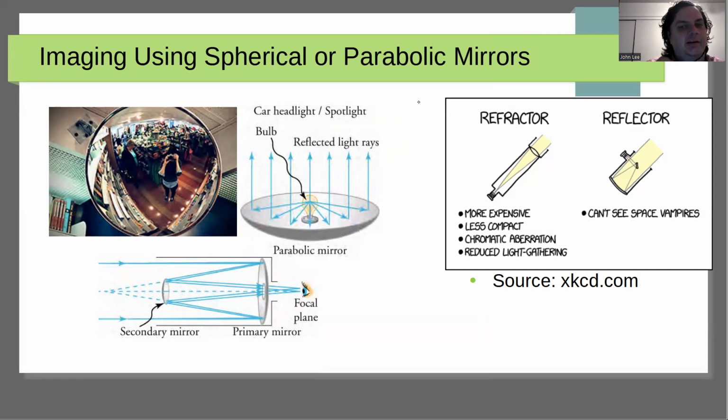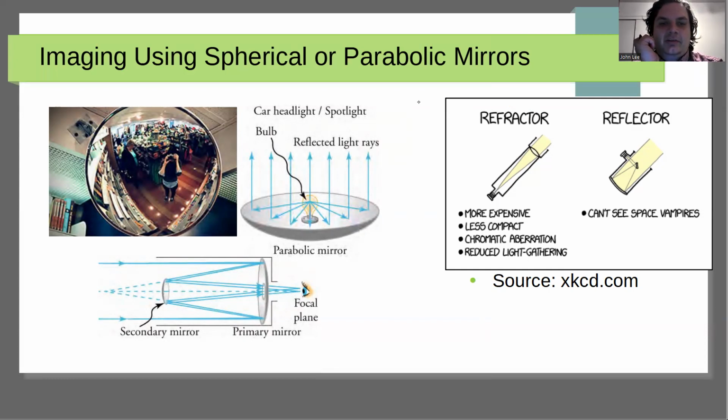There's something called chromatic aberration, which is caused by the fact that the lenses aren't strictly parabolas either, and also different wavelengths of light pass through mediums at different angles. And then it also doesn't allow you to gather as much light because all of the light has to be passed through the lens.